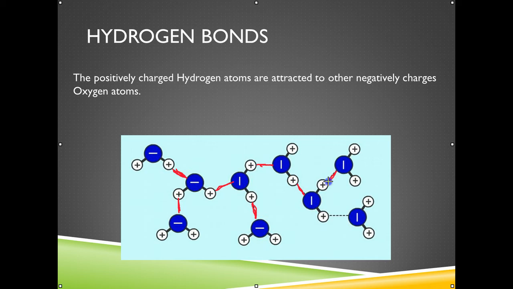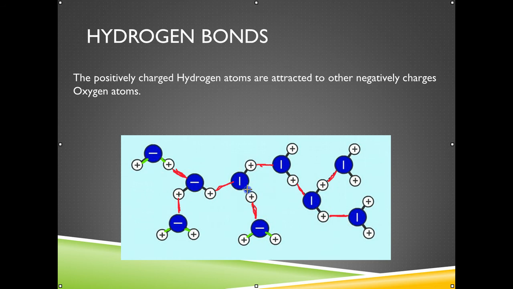Now, the actual polar covalent bonds are a little different. I'm going to put those in a different color. I'm going to use green to symbolize the polar covalent bonds. Those are in between the hydrogen and the oxygen atoms. So the polar covalent bonds are what form the actual molecules.